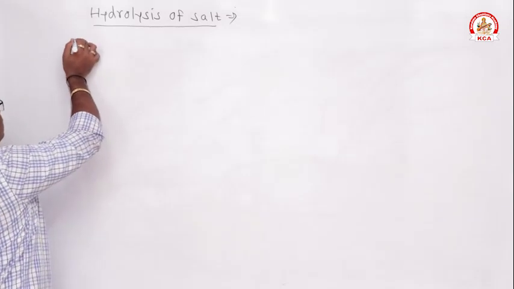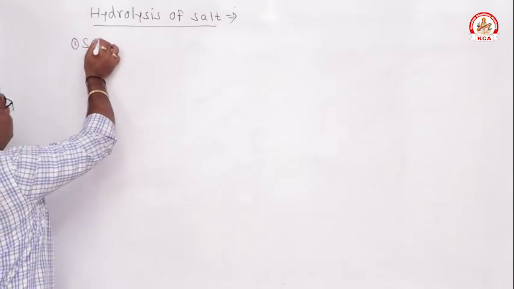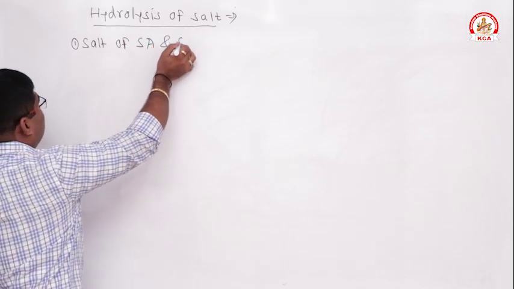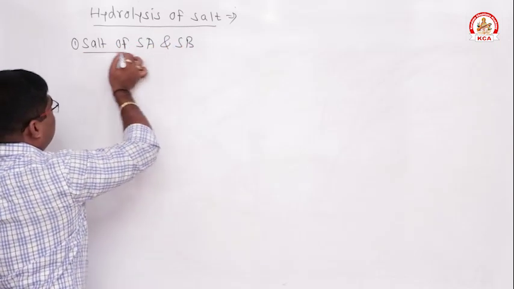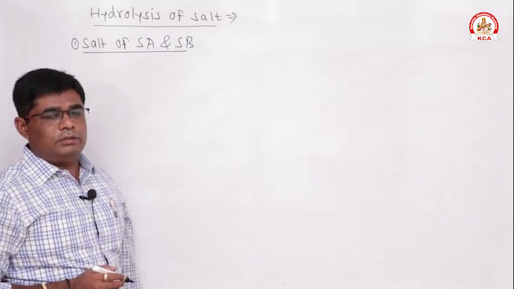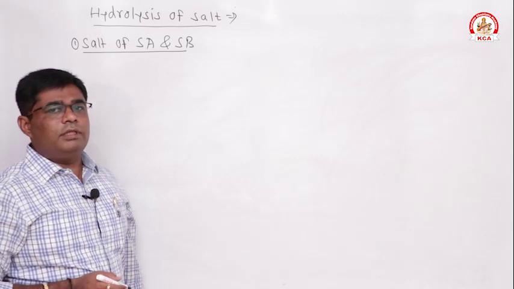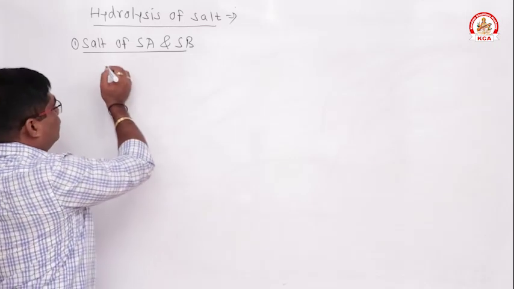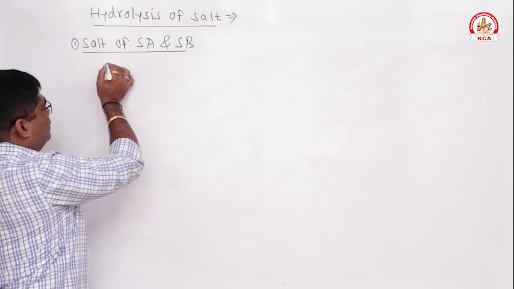Again, salt of strong acid and strong base. Hydrolysis of the salt of strong acid and strong base. Consider any one example of this type of salt. आपण चला NaCl घेऊ. So consider the NaCl.